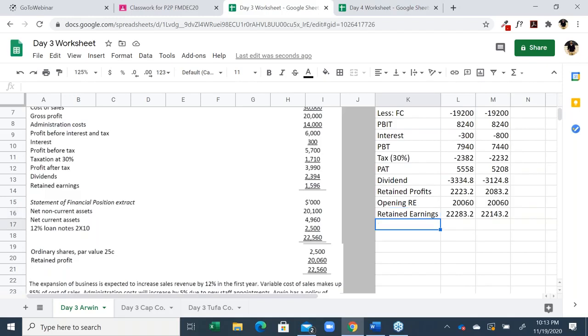And the share capital, in the equity case, is going to increase. So the share capital that previously was at 2500 will now be increased by 5,000, right?